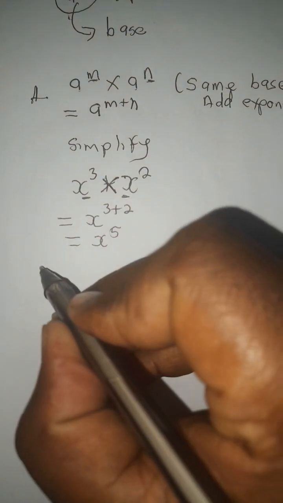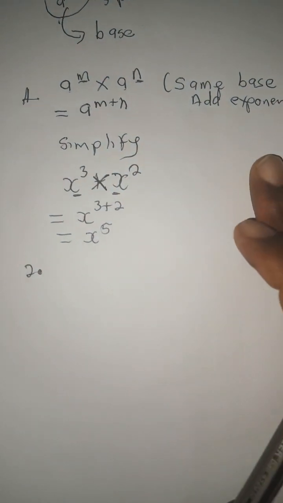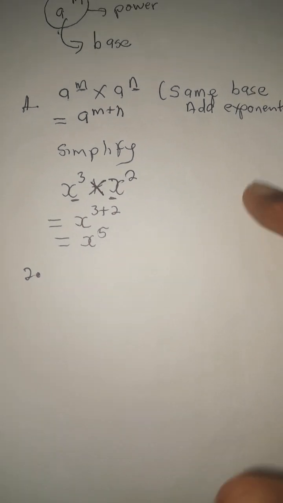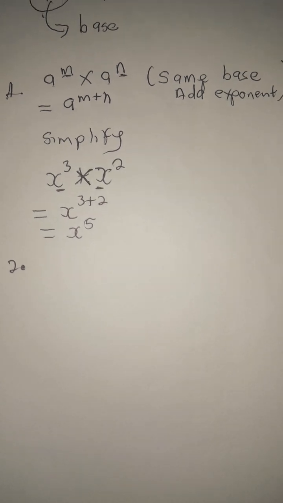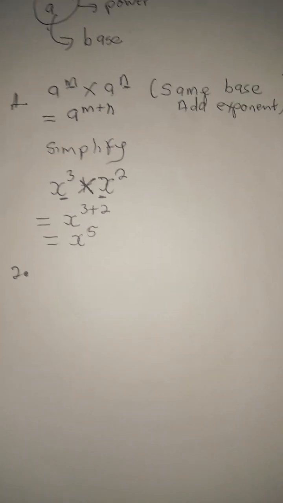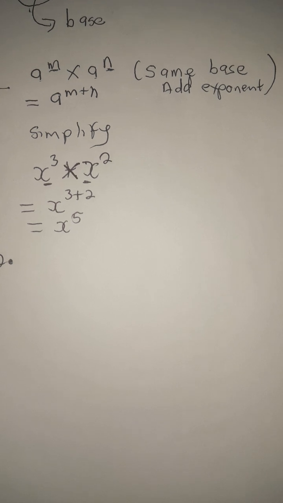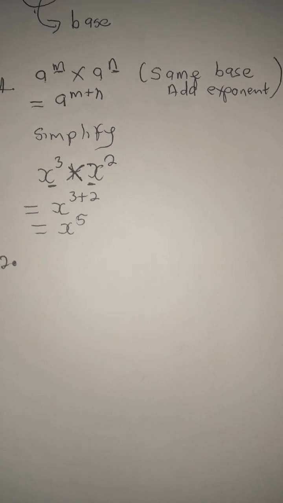What about the second one? The second one we will look at is when we are dividing powers of the same base. Note this. When dividing two powers of the same base, we leave the base the same and subtract the exponent. I'm repeating again.